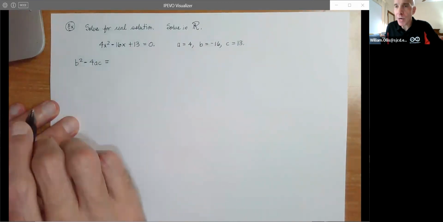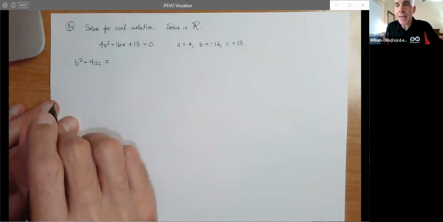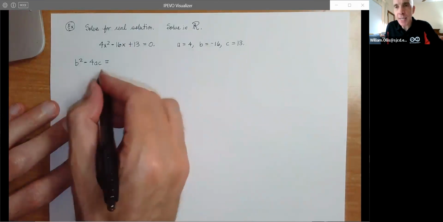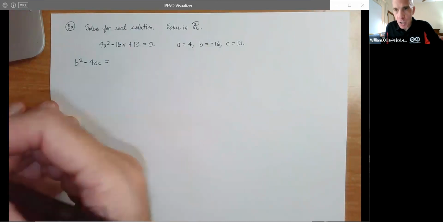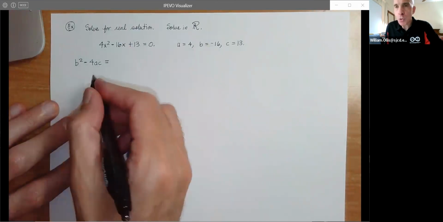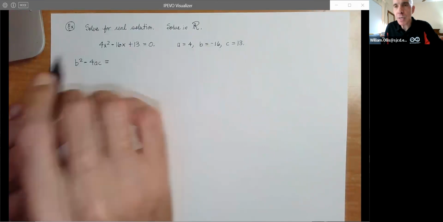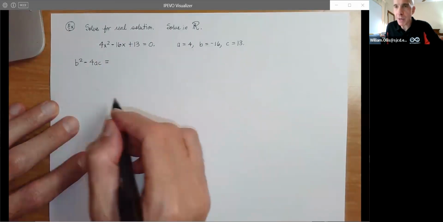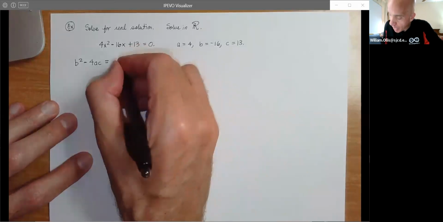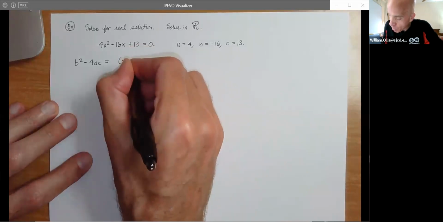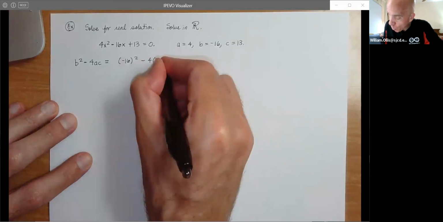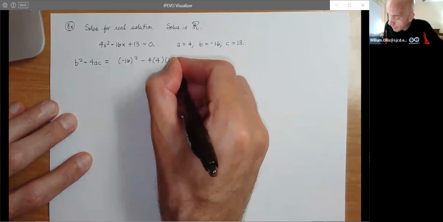That is the worst way to do it, in the sense that it is too difficult to keep track of everything. Go ahead and get that discriminant, double, triple check it, make sure that you have the type of solution set in your mind before you move forward. This will always be a better way to do it. So now we have negative 16 quantity squared minus 4 times 4 times 13.